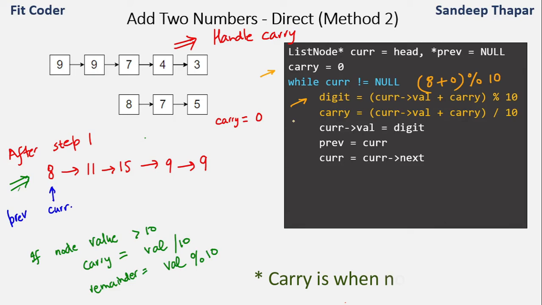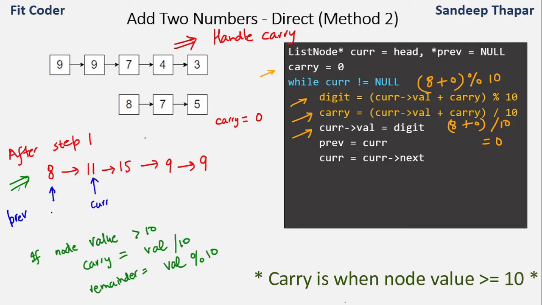And in the next step, we compute the carry. So carry is 8 plus 0 by 10, which becomes 0. So there is no carry after this step. Then we replace the value of this node with the digit. So the digit is 8, so the value remains. And then we move previous and current to the next node. So current comes at 11 and previous comes at 8.